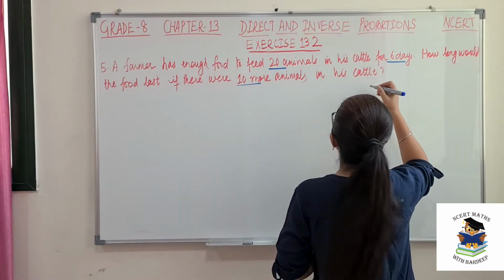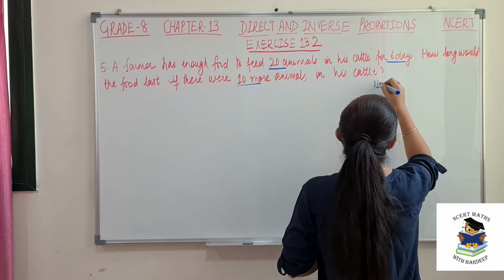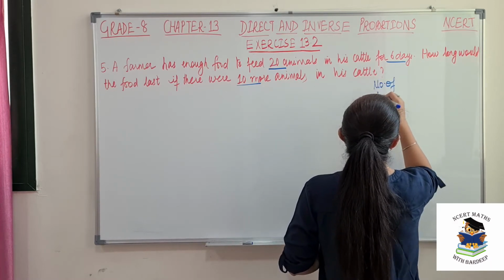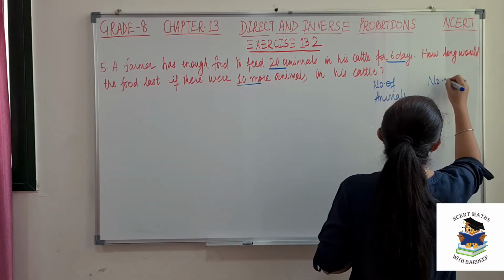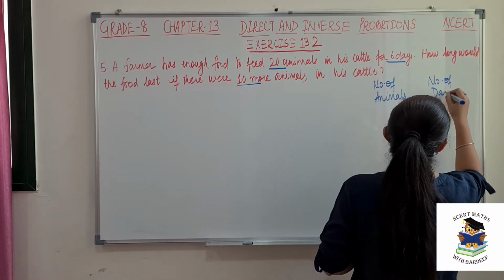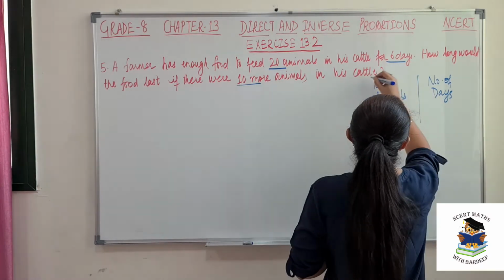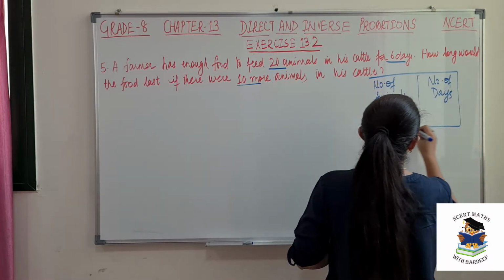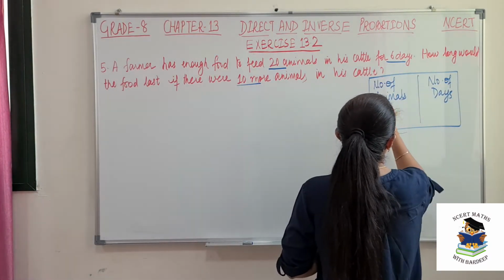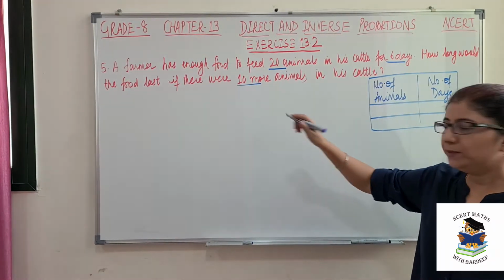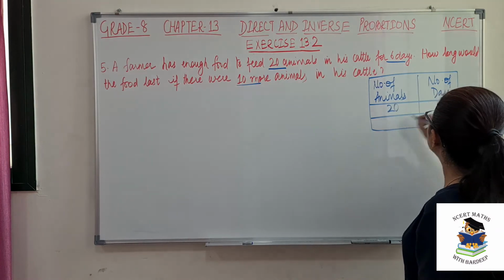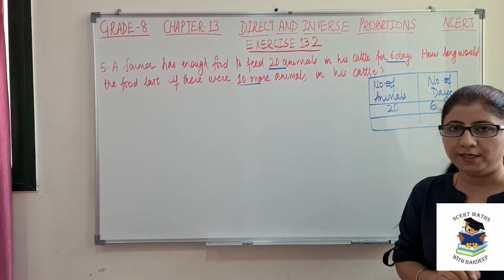So the first category should be number of animals, and second is number of days. Let's make the table. If animals are 20, food is enough for 6 days.